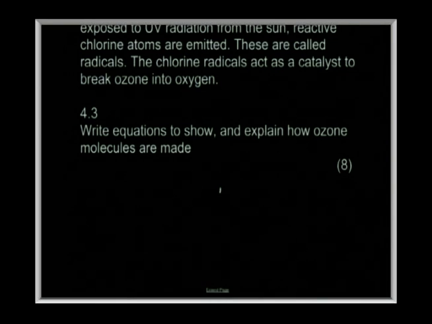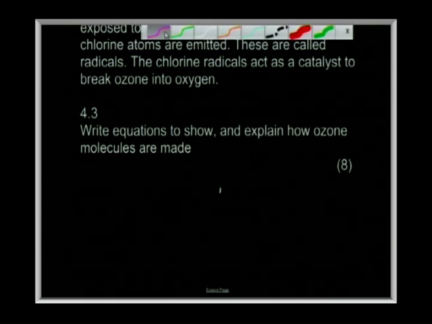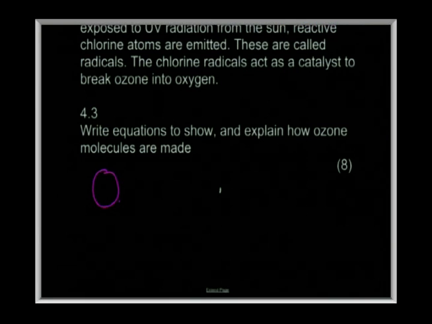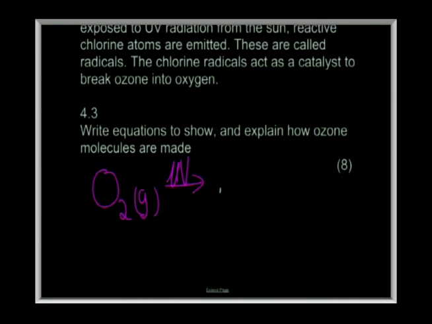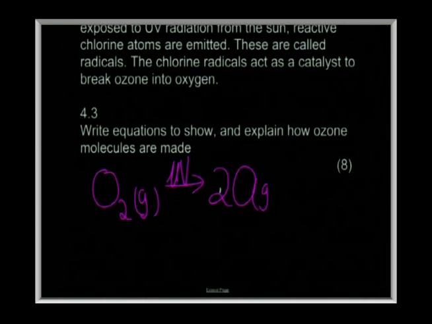let's start with oxygen. So oxygen, which is of course a gas, if it is exposed to UV radiation, can break up into oxygen on its own, right? Oxygen molecules absorb UV light from the sun. This then breaks them into 2 highly reactive radicals.